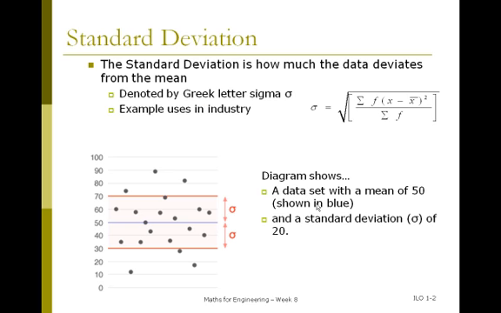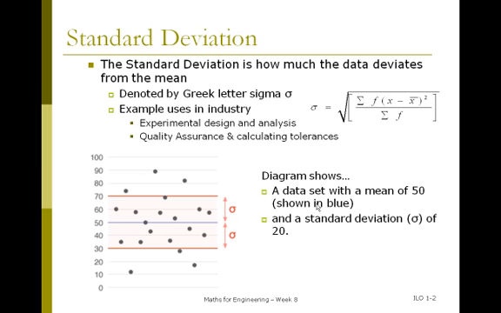So you might ask, where is standard deviation used in industry? Examples include experimental design and analysis, quality assurance and calculation of tolerances for many engineering and also other processes, and also to assess the manufacturing performance in the amount that a data set varies from the average, from the mean.